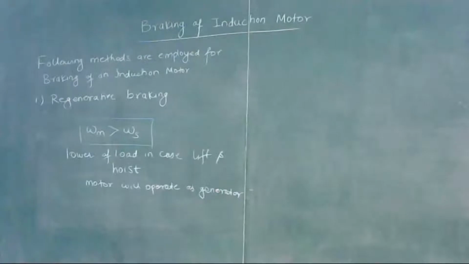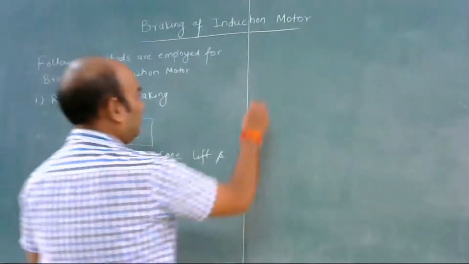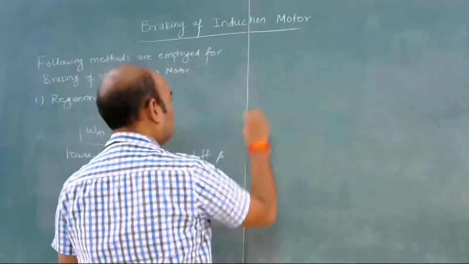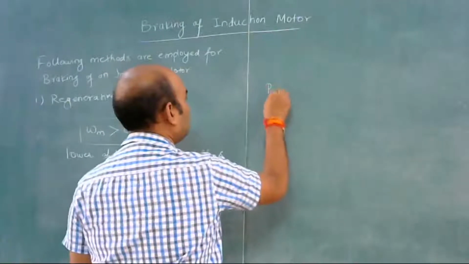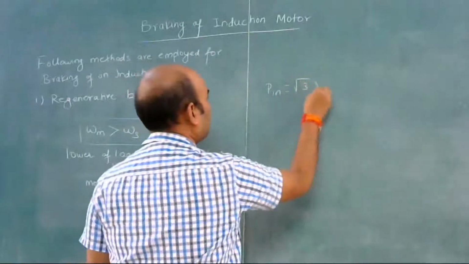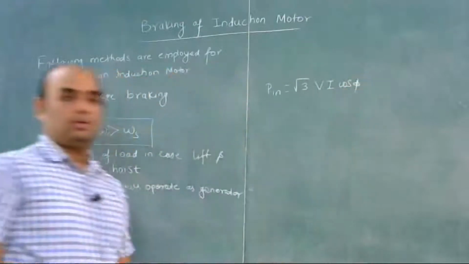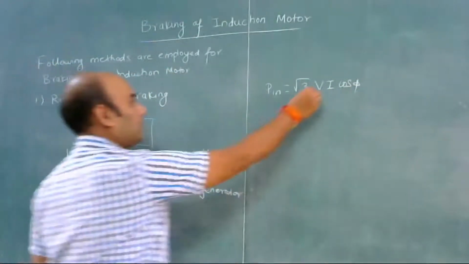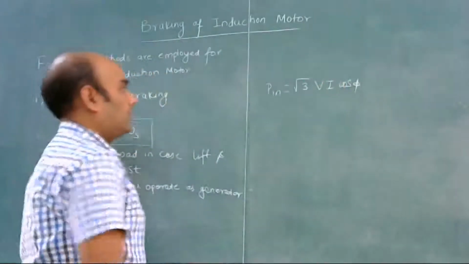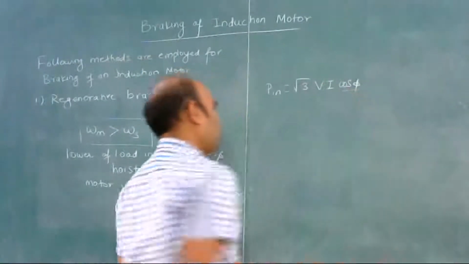Also, the input power is given by root 3 into V into I into cos phi, where V is the line voltage, I is the line current, and cos phi is the input power factor.